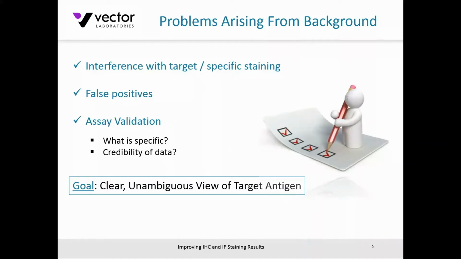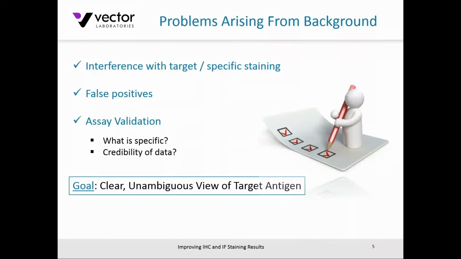And the issue there is that you can falsely identify staining. It's a false positive staining, and you may go off on a tangent thinking that is correct staining when in fact it's incorrect, it's false data.